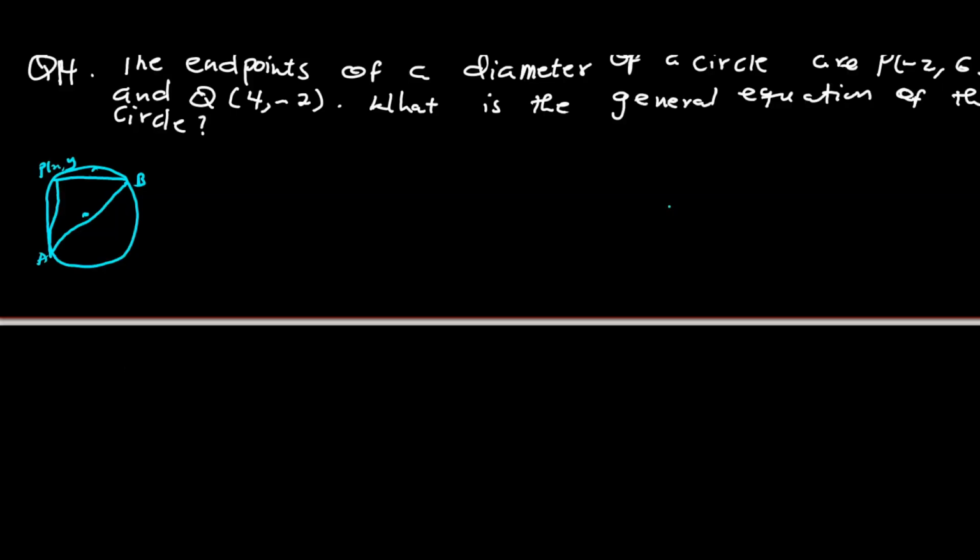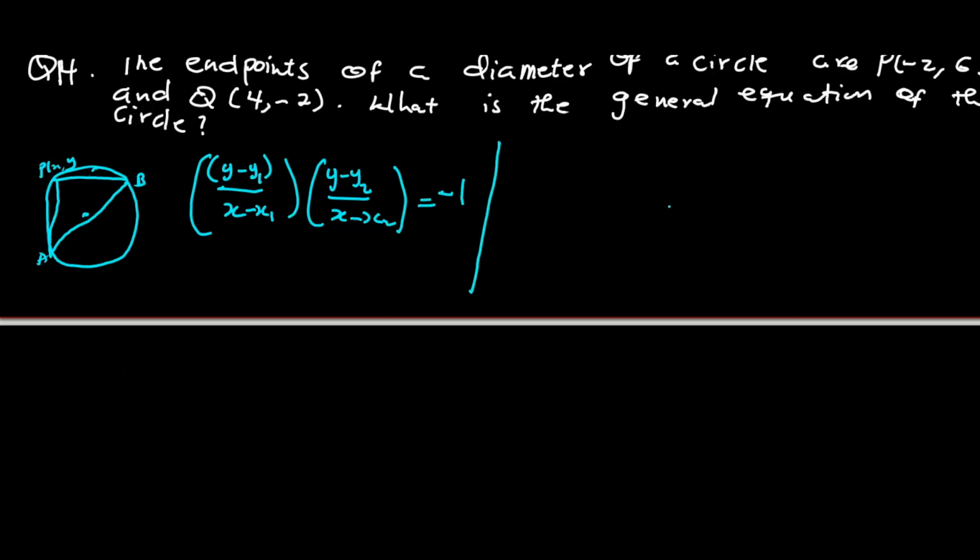Then we can say that the product of the gradients will give us negative 1. So we can go by the formula: (y minus y1) over (x minus x1) times (y minus y2) over (x minus x2) should give us negative 1.